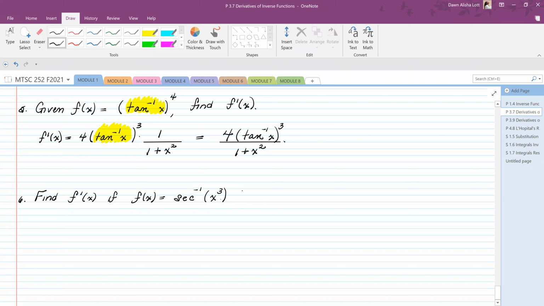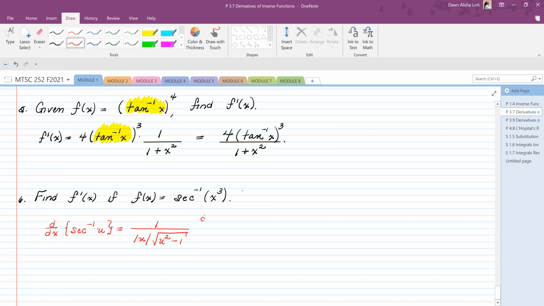All right, so we have to use the fact we remember the derivative with respect to x of the arc secant of u is 1 over, we're going to have an absolute value of u, and then we're going to get the square root of u squared minus 1.